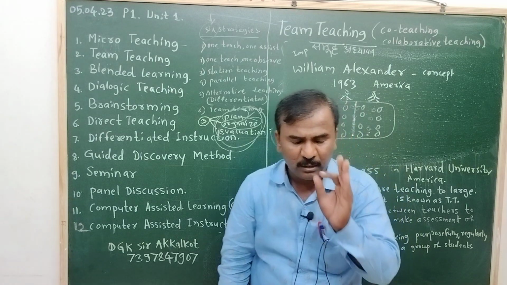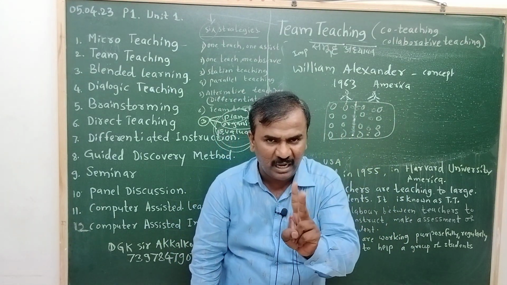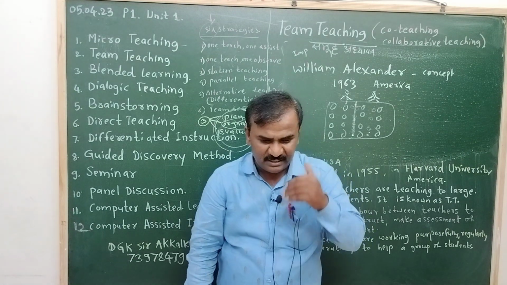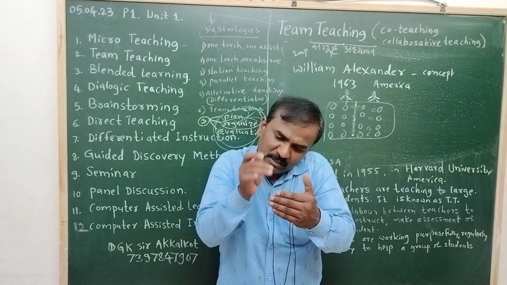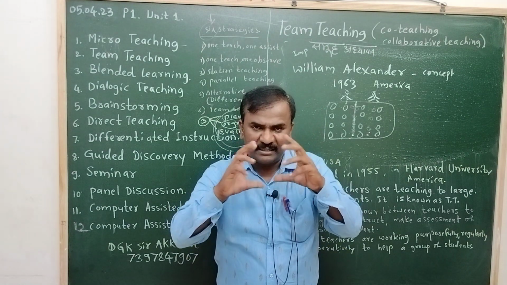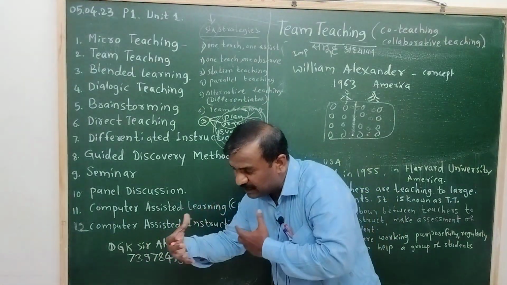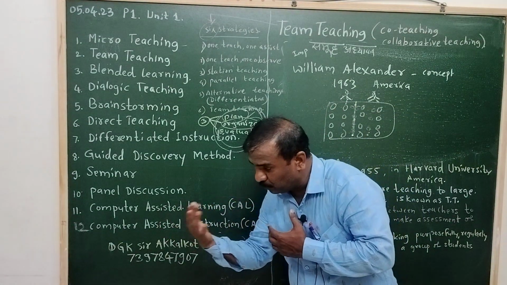Please remember, team teaching means two teachers are teaching a large class in the same period. One teacher is telling the subject, another teacher is explaining that subject's example. One lesson they are telling, they are cooperative. Both teachers should help each other. They should talk properly. They should both understand.